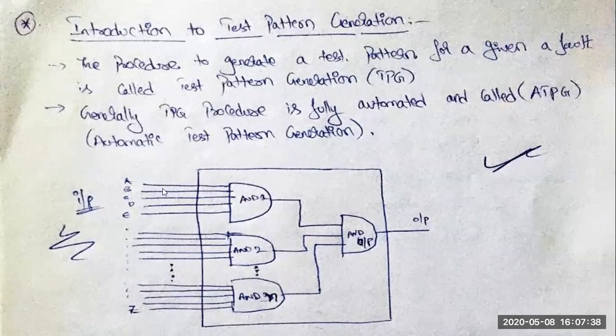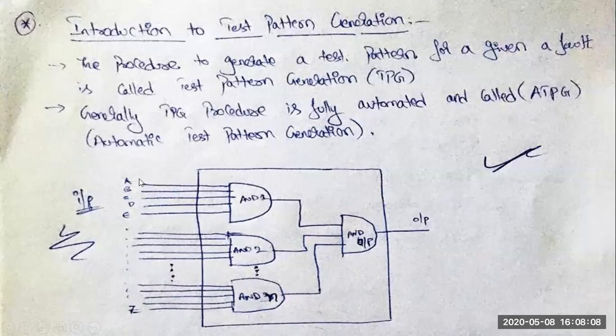So to produce a generated test pattern, if I have inputs A and B for this logic circuit with n number of AND gates, and one output at the AND gate itself, within this logic circuit, if I consider A to Z or some inputs, I can define a test vector with all the sequences.